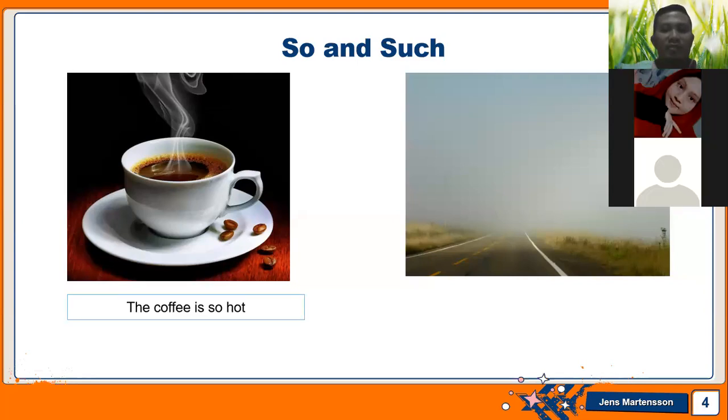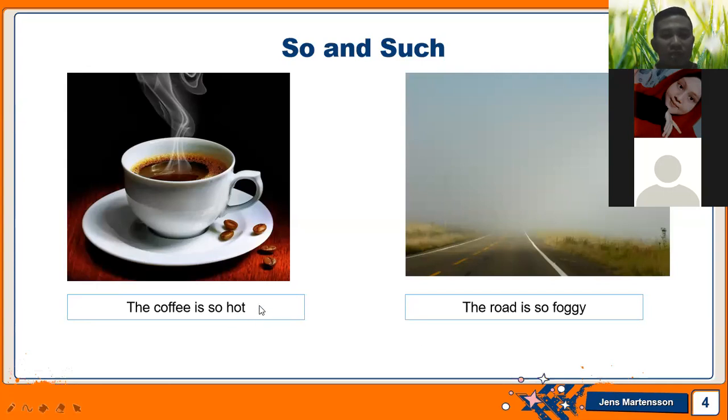Actually, from these two pictures, you described very well. The coffee is so hot, and here the road is so foggy. So this is a noun, and then you give a description of that noun using so and then hot.